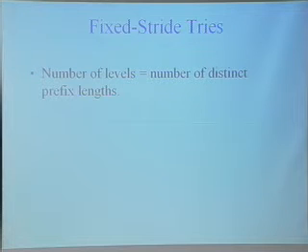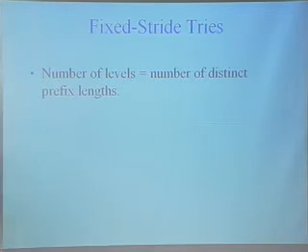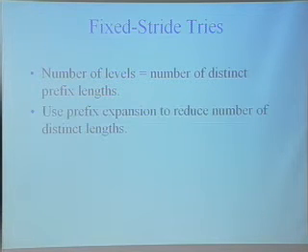And if the children of the root are branching on 3, then in the children I'll be able to store prefixes of length 5, the 2 bits used at the root and the 3 bits being used at the child. The number of levels that you need in a fixed stride trie to house all the prefixes you have is actually equal to the number of different lengths in your prefixes.